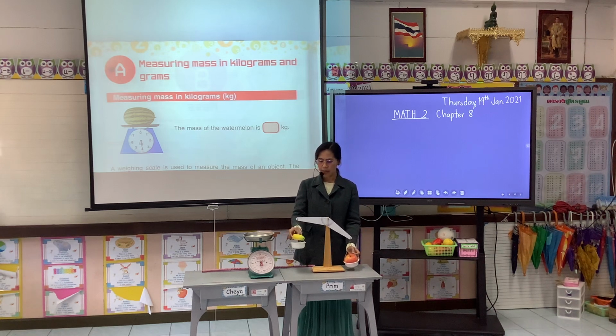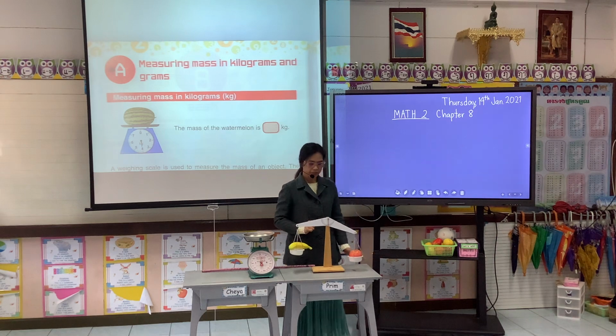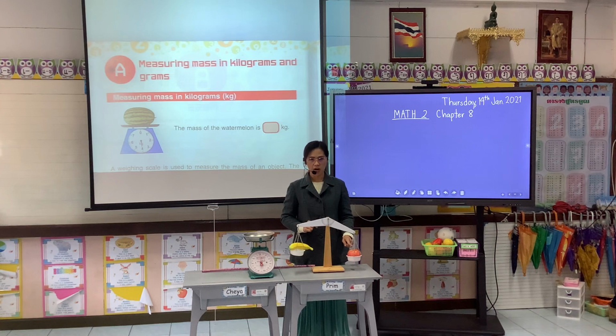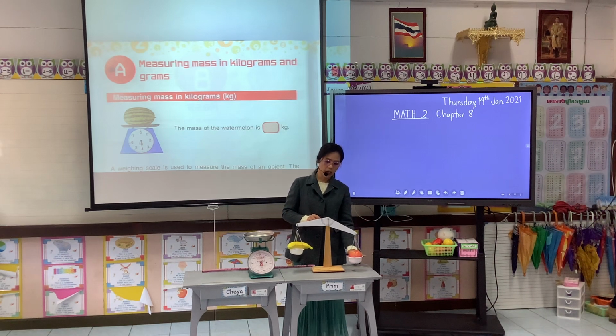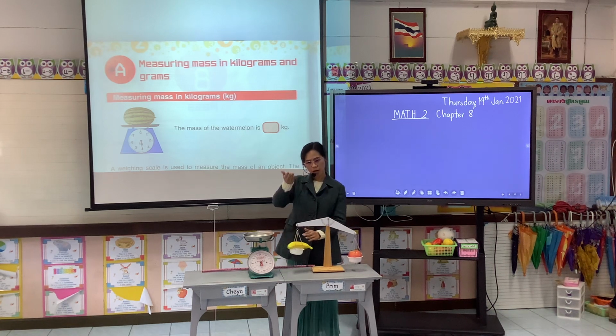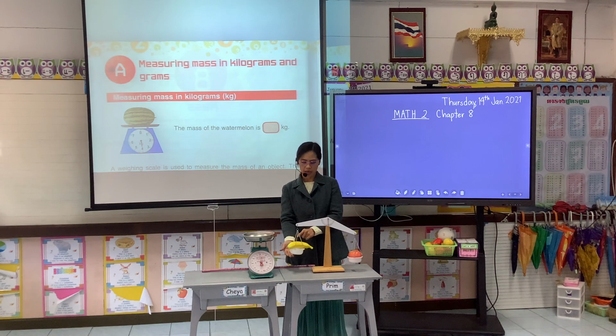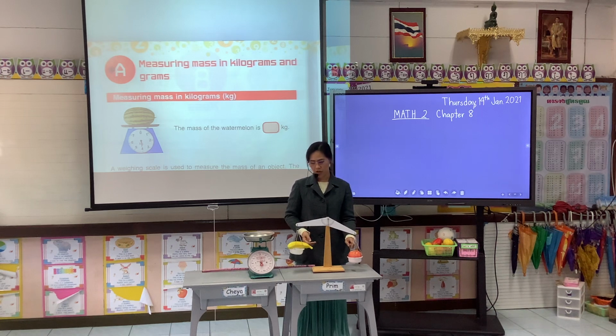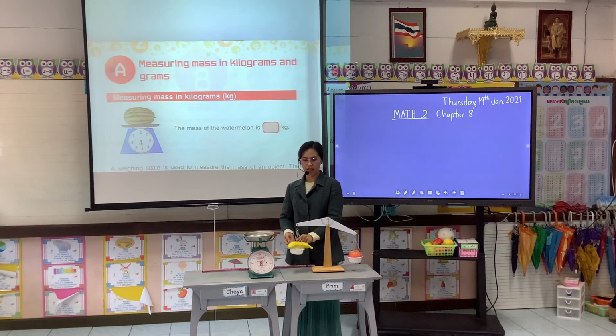As we can see, the apple is heavier than the banana, because one plate is lower than the other side. The one which is lower is the heavier, and the one that goes up is lighter.